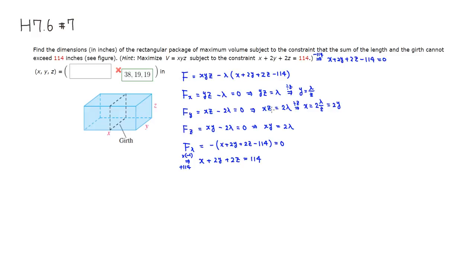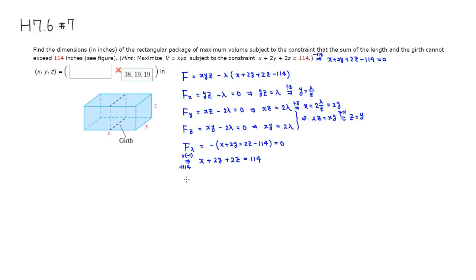And if you combine the last two equations, both of them give you 2 lambda. So xz must be equal to xy. Divide through by x, assuming x is not equal to 0, and you get that z equals y. So x is twice as big as y, but z is the same as y.